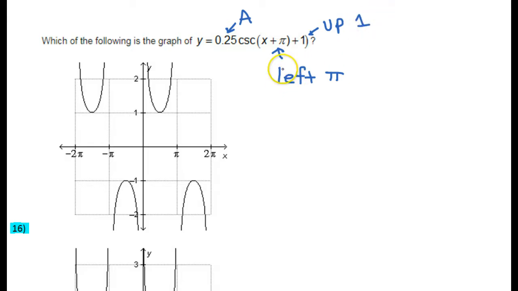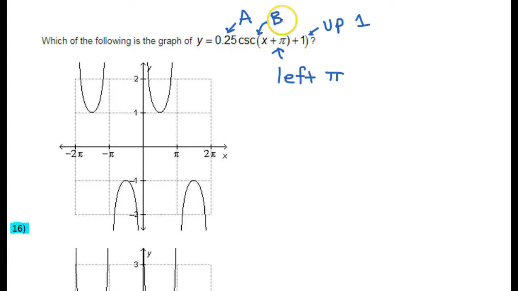So we are going to use the fact that it's left pi and up 1. We're going to use those two pieces of information to narrow it down. And we're also going to use the period. There is no b value showing. If there was a b value, it would be right here, but see how there's no number there? The b value changes the period.